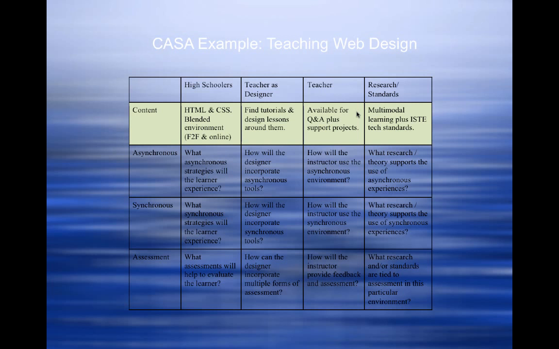So we're going to be teaching them HTML and CSS. The objectives are that they understand and can perform HTML and CSS coding to create web design. And additionally, we're going to define our environment as a blended environment, which means we have both face-to-face and online components that we can use in our application of our model.